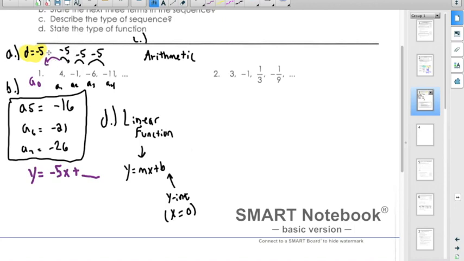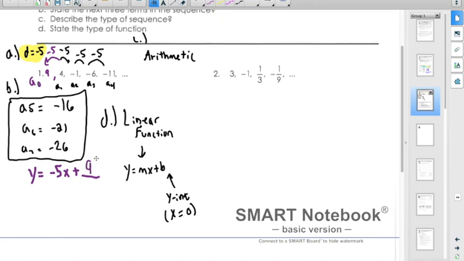Well, if I follow the same trick here, we're subtracting 5 from every previous term. Well, then what would go here? Blank minus 5 would give me 4. Well, if you think about it, it would be 9. And that would be my a sub 0. In other words, this is my y-intercept in a sense.